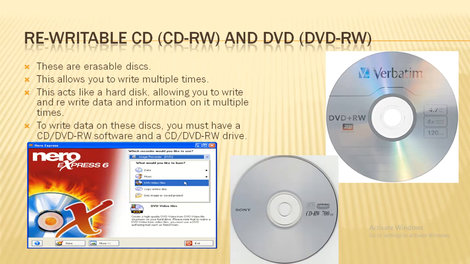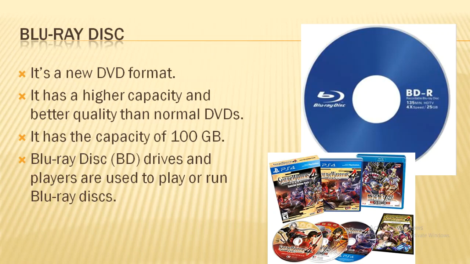To run these rewritable CDs or DVDs, we need special software like Nero Express. In some operating systems it comes built in, but in some it may not, so you can download Nero Express and use this facility.